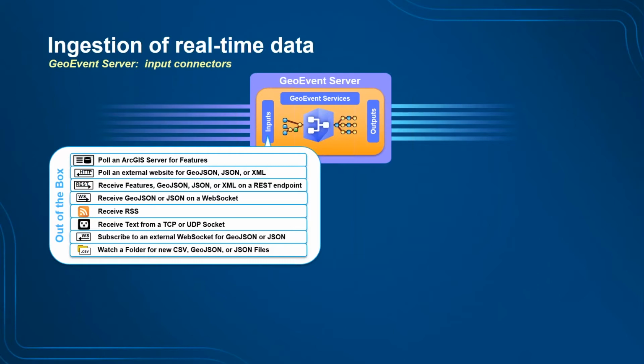Each of these connectors pairs a transport mechanism with a parser or an adapter so that we can bring the data in from a specific kind of location and then translate that data into a GeoEvent. We have a number of out-of-the-box connectors that would apply to a huge majority of cases.